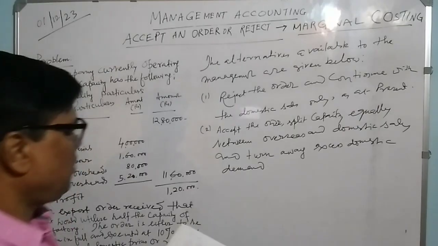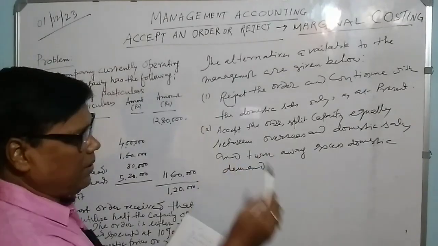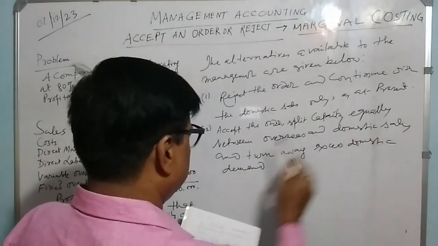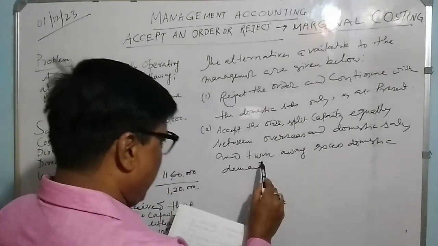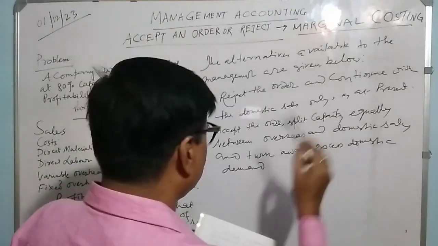See what point they have told: accept the order, split the capacity equally between overseas and domestic sales, and turn away excess domestic demand.